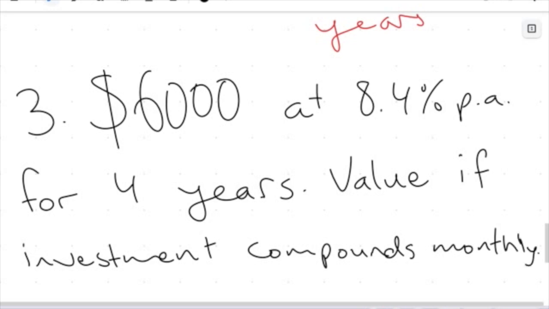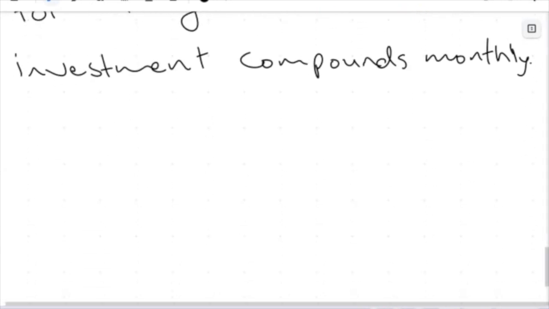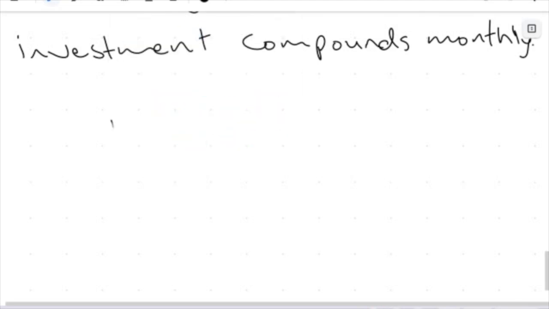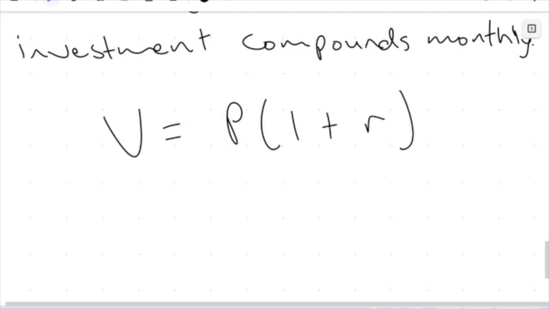So not just 1 year, we are looking at something compounding every single month. So let me write my formula first, just so it's here. Let's just write V for value equals the principal times 1 plus the rate to the power of n.